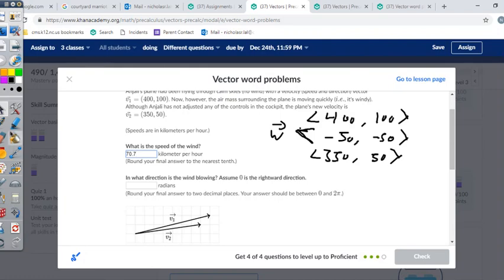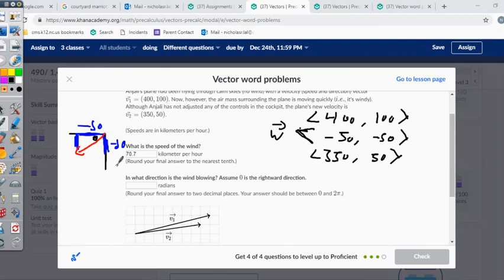And what's the direction? Negative 50, negative 50. That means we are in quadrant 3. So our vector would be looking something like this, and our theta value would be right here.